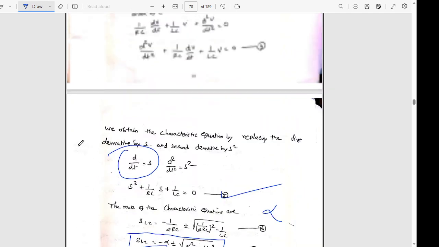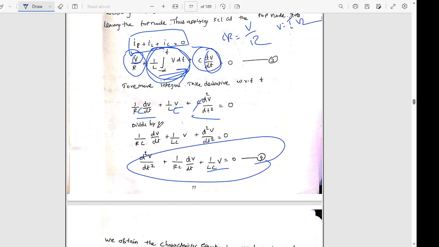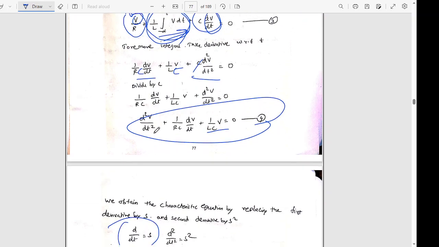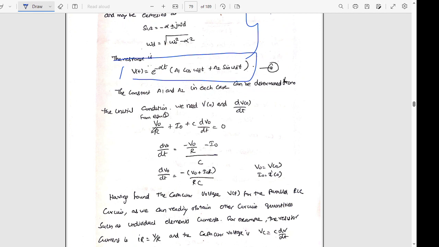Next, 1 by L integral from minus infinity to t of V dt, that can also be represented as I naught. Next, C dV by dt can be written as C dV naught by dt. V naught means V of 0.